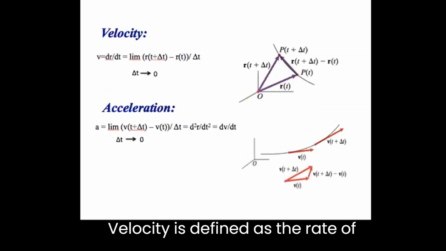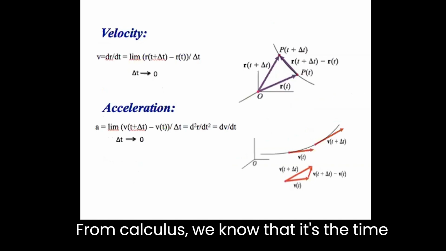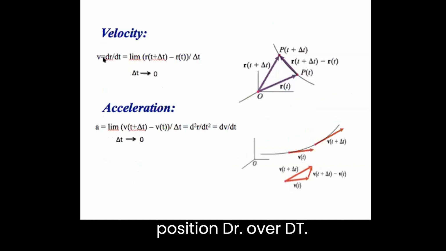Velocity is defined as the rate of change in the object's position. From calculus, we know that it's the time derivative of position, dr over dt.